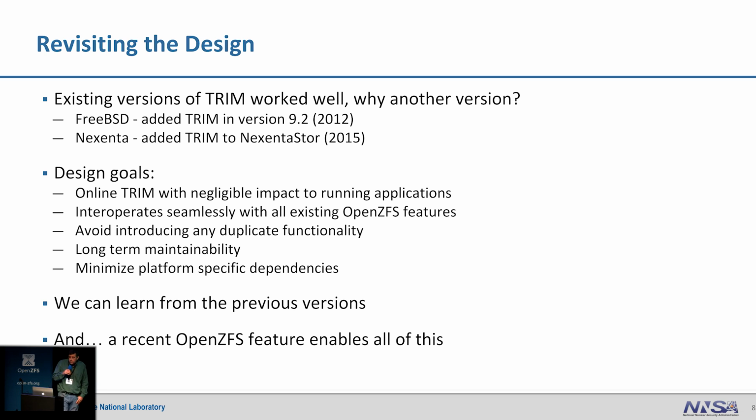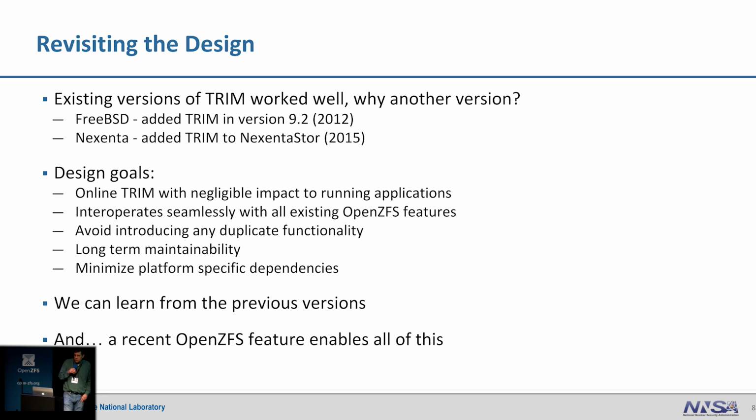We wanted to avoid introducing any duplicate functionality for ZFS. Again, it would have been really easy to take one of the previous implementations and add it in, but that could result in a lot of additional code, because while the FreeBSD and Nexenta trim implementations are good and solid and work great, they were just written before a lot of these other subsystems were added to ZFS, and now we can properly take advantage of them. And we want it to be long-term maintainable.